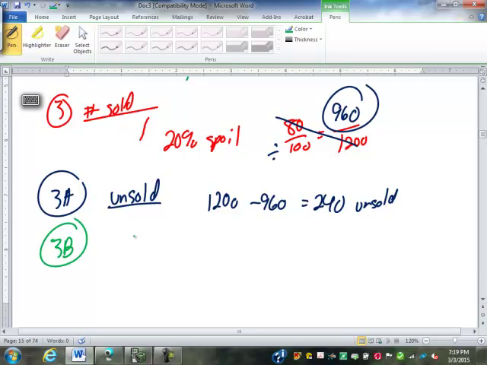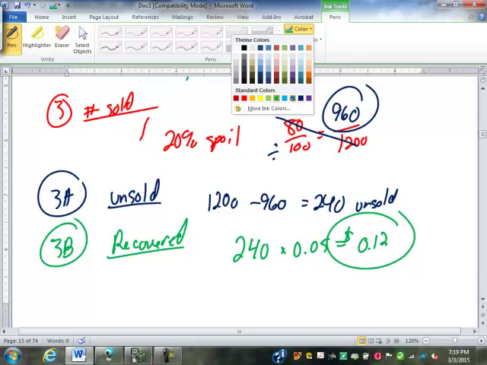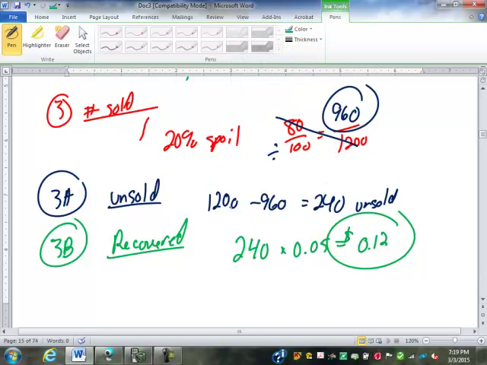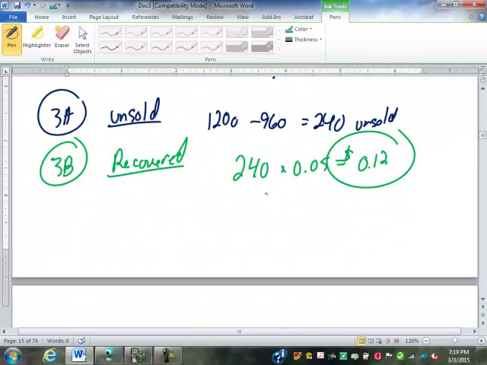We'll call it step 3B. What's the recovered amount from the 240? 240 times 5 cents per cookie, which is 12 cents. Yeah, it's almost worth screwing up a calculation, isn't it? Something's off there. It should be 0.05, but it's not 12 cents.